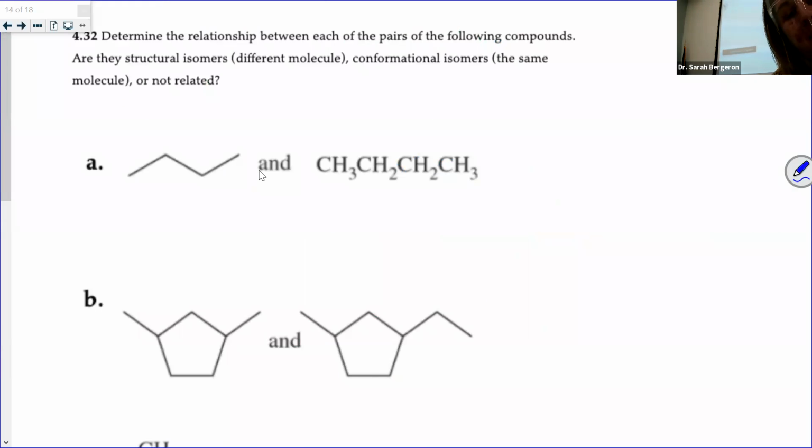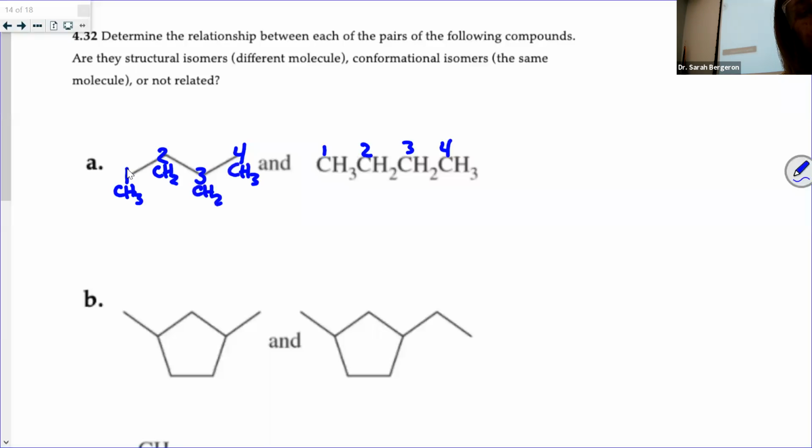How many carbons are in the chain? 4 carbons on the left. How many carbons on the right? Do they have the same number of hydrogens? Yes, they do. Because carbon 1 over here is CH3, carbon 2 is CH2, CH2, CH3.